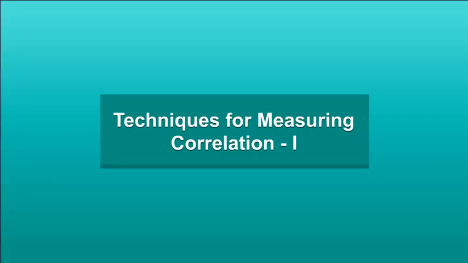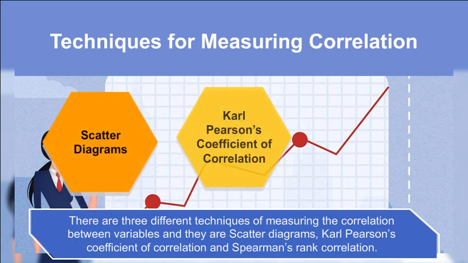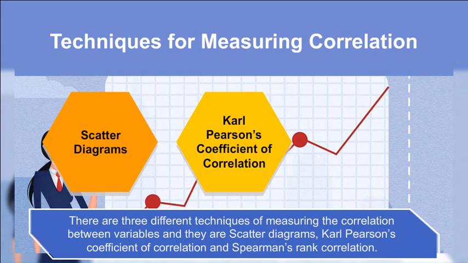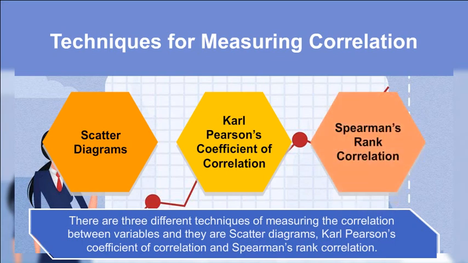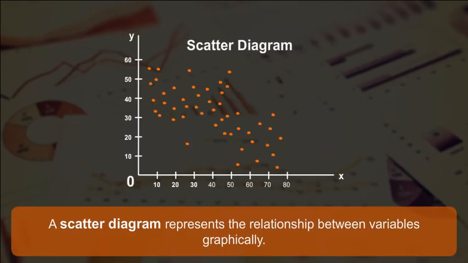Techniques for measuring correlation, 1. There are three different techniques of measuring the correlation between variables, and they are scatter diagrams, Karl Pearson's coefficient of correlation, and Spearman's rank correlation. A scatter diagram represents the relationship between variables graphically.